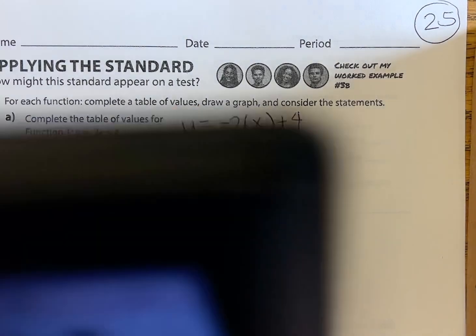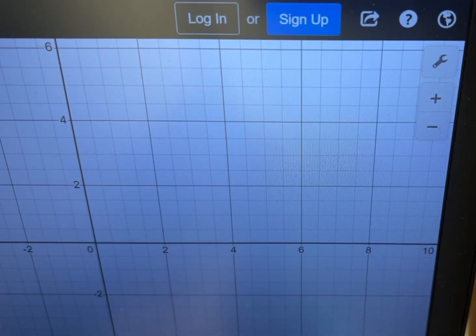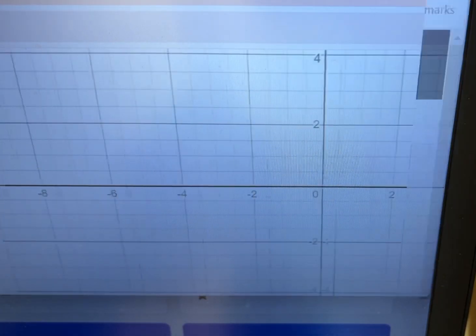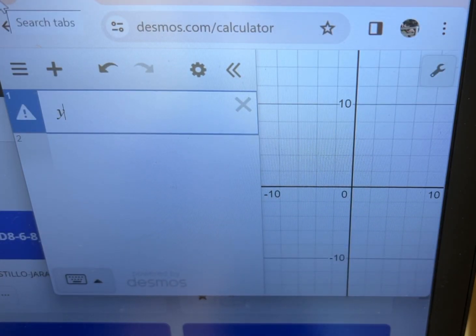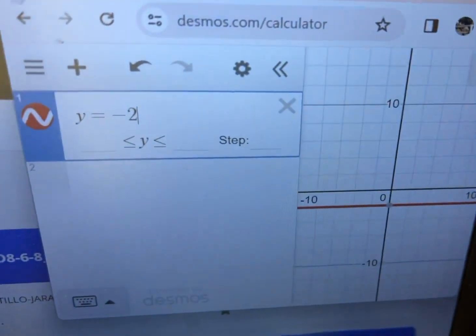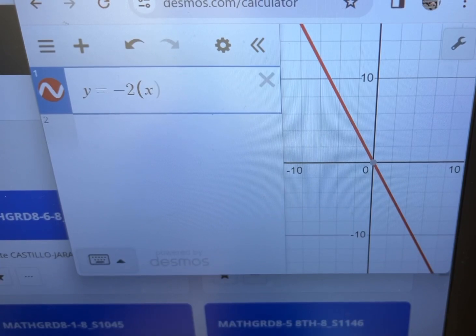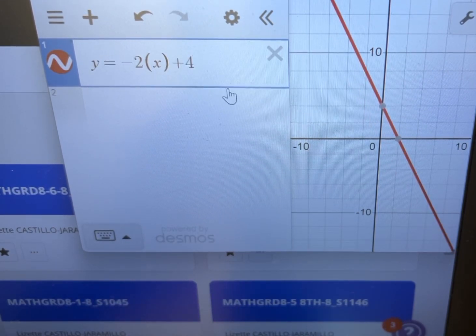Okay, so in order to do that, y equals -2, and I'm gonna put the parentheses x, right, because that's my equation, plus 4.